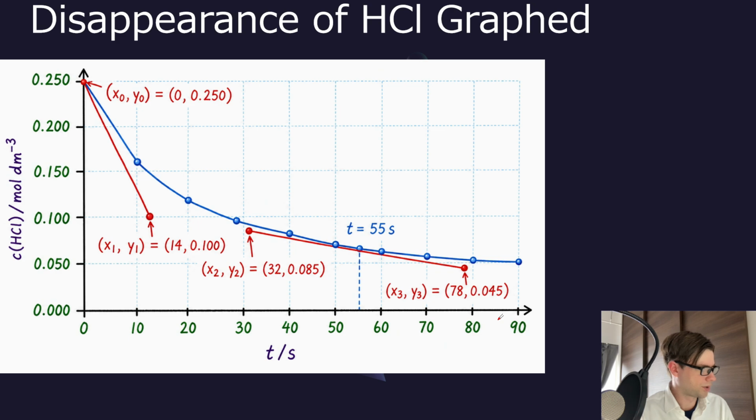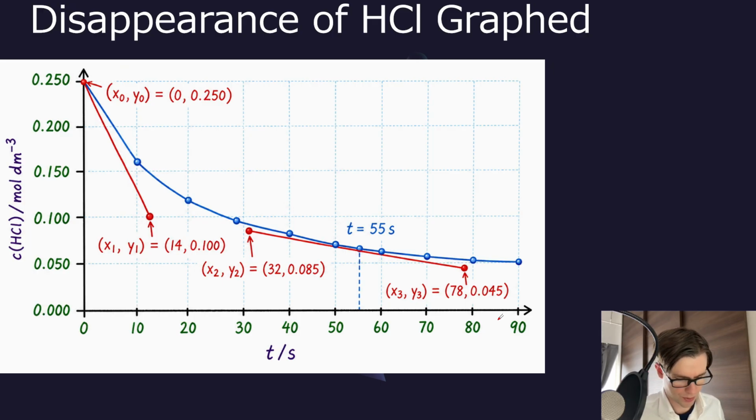We start with 0.250 mole per decimeter cubed, and then over time, every 10 seconds, we have a data point. All right, so we can find the initial rate from this in our favorite units of mole per decimeter cubed per second by just drawing a tangent line at that 0 time point.